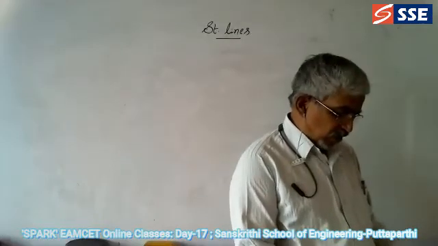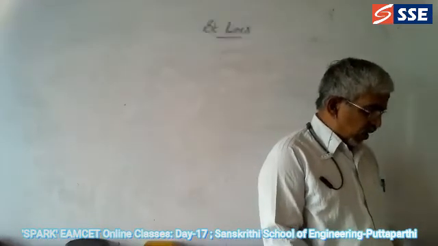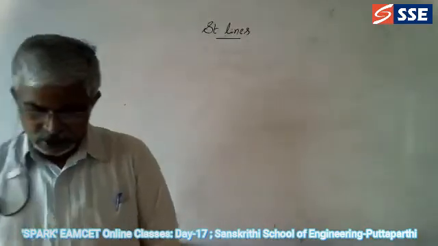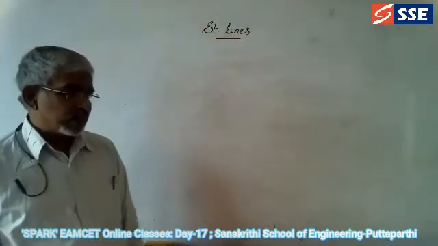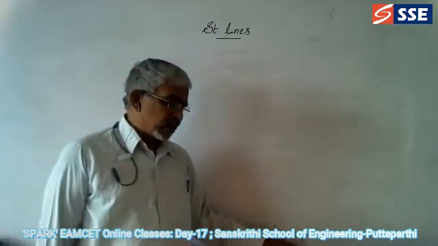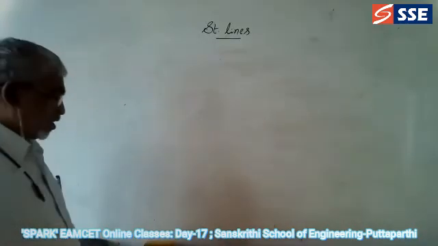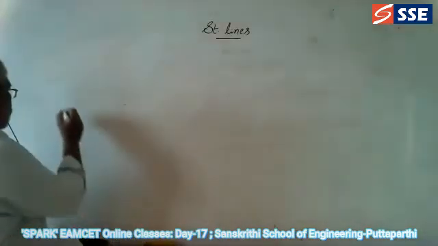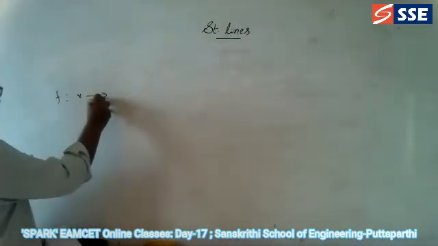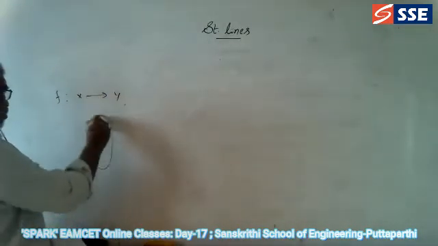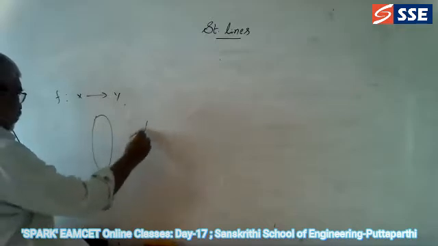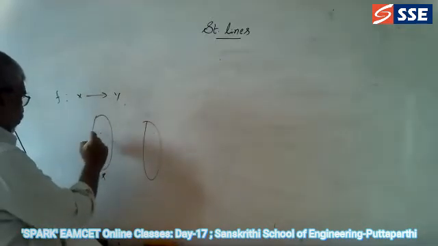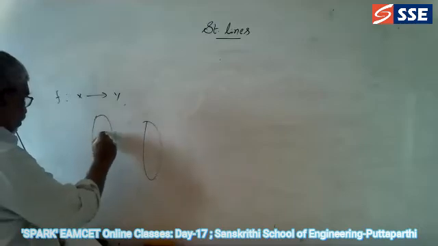We started with the relation from x to y is called a function if for every x there is a unique y. That is the main condition. That means for every element of X, there must be only one y, a unique y.